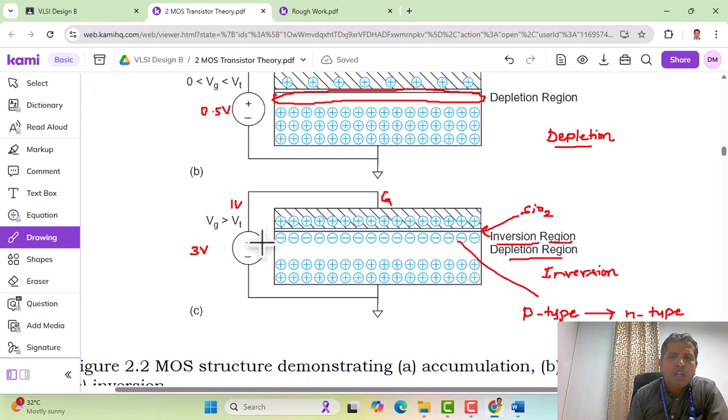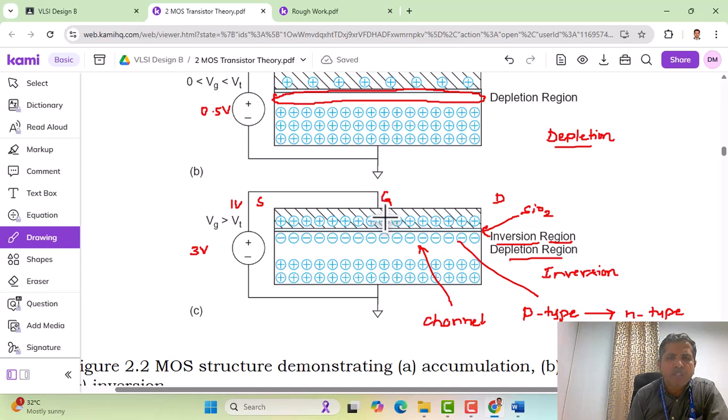This inversion layer looks like a path for the charges to move from source to drain, and therefore this layer of electrons present below the silicon dioxide can be called a channel.